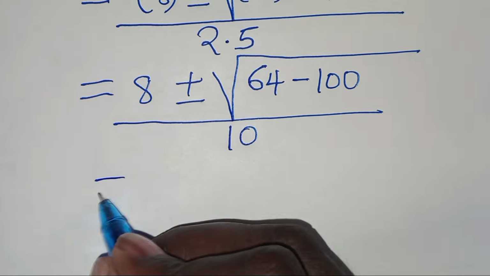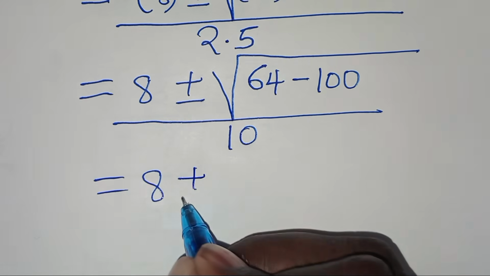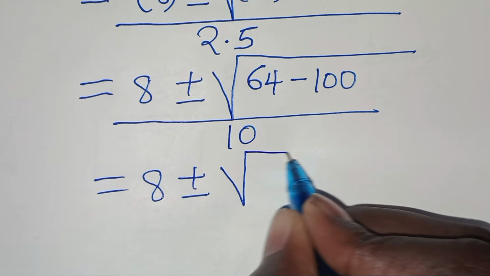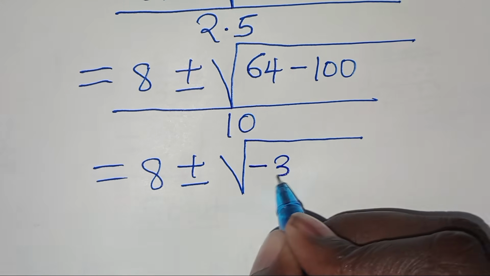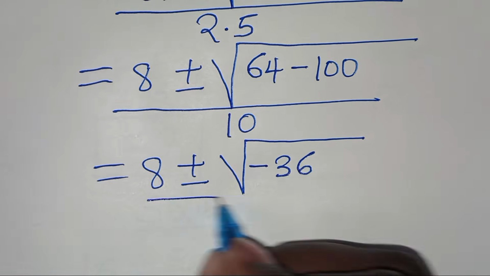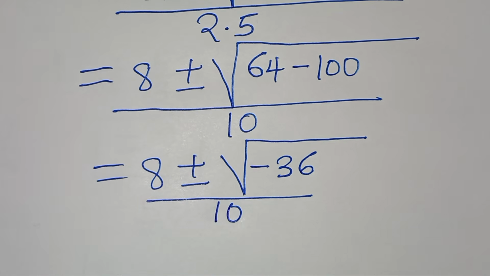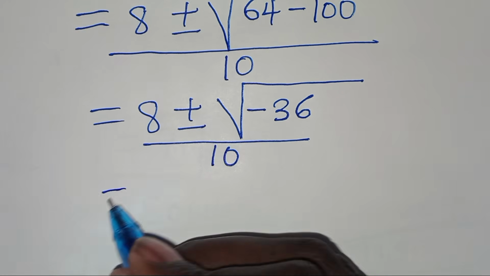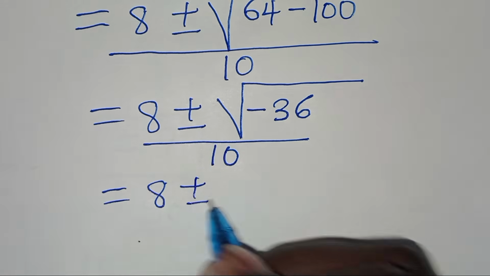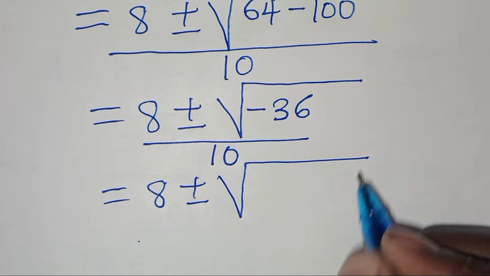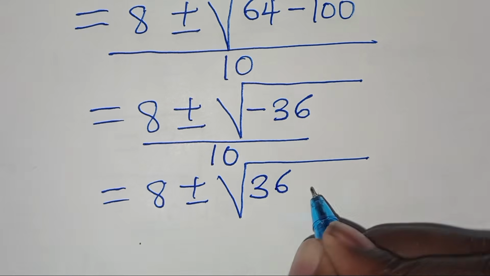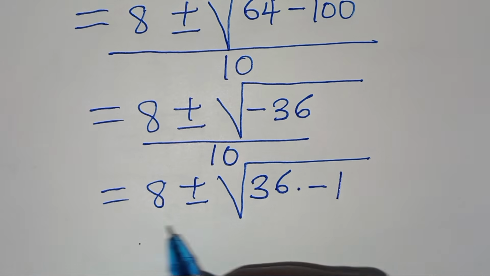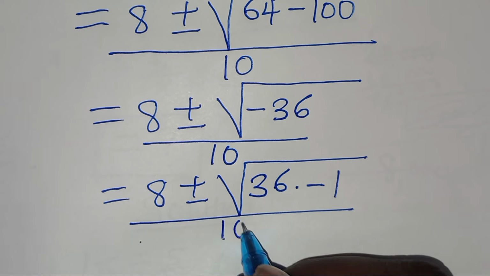So this means we have 8 plus or minus the square root of 64 subtract 100. This is negative 36, then divided by 10. So now we have 8 plus or minus the square root of negative 36, which you can express as the square root of 36 multiplied by negative 1, divided by 10.